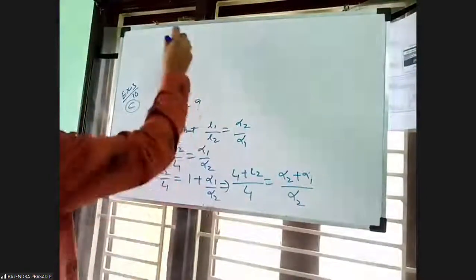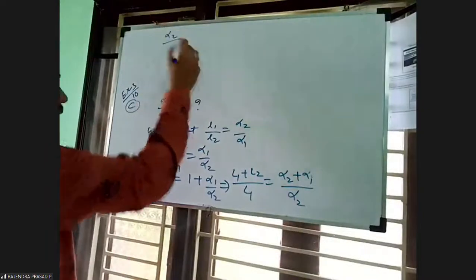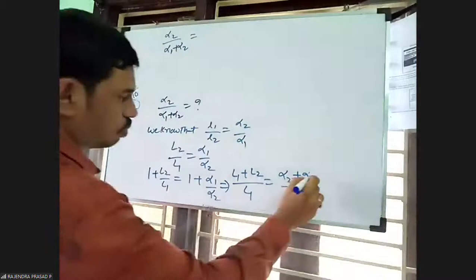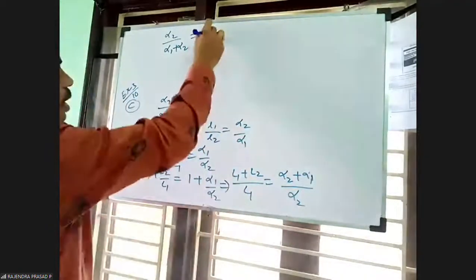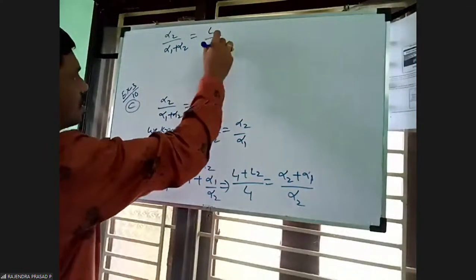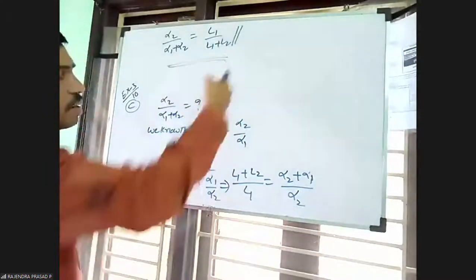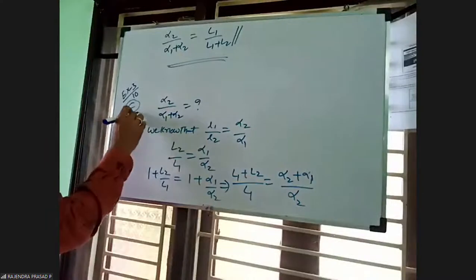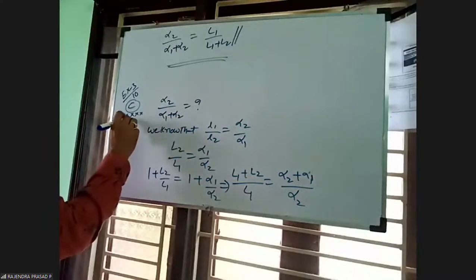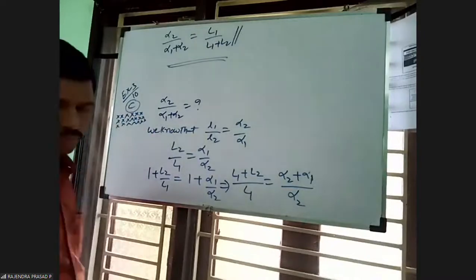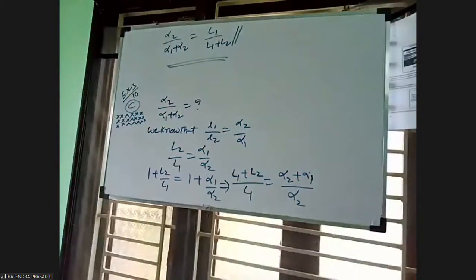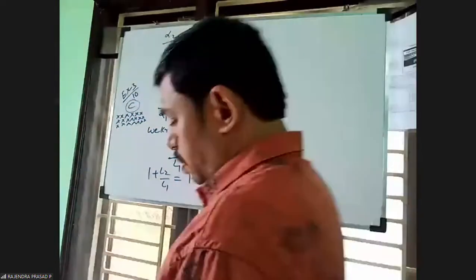Therefore alpha 2 by alpha 1 plus alpha 2 equal to L1 by L1 plus L2. This is the answer. Very important concept problem, third exercise, 10th problem.